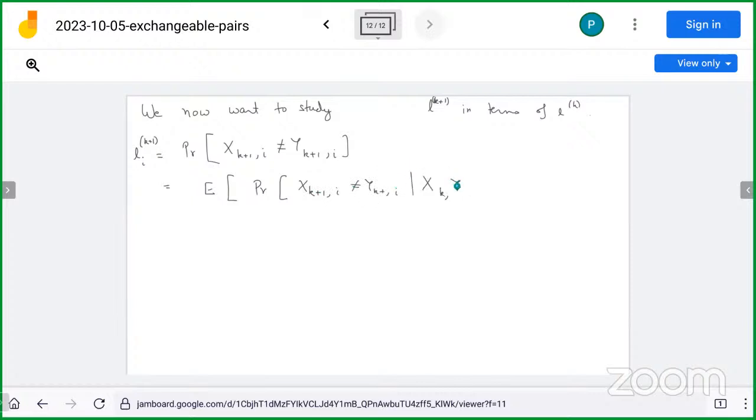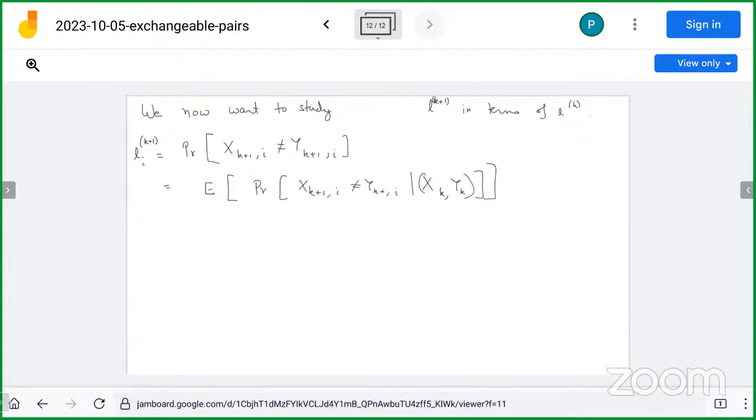So the expectation is now over xk yk. If you condition on xk yk, we know exactly how xk plus 1 yk plus 1 is generated, right? You take the same coordinate in both of them, and then update it based on the corresponding values.